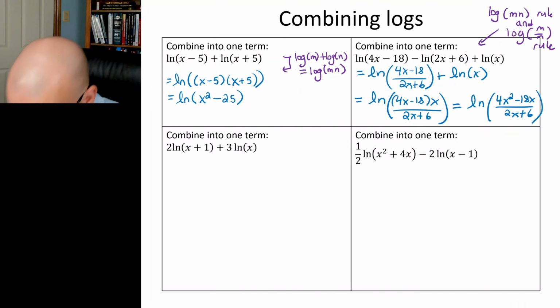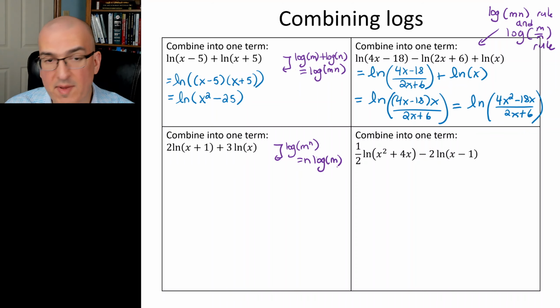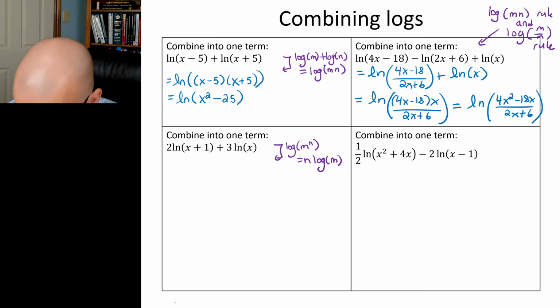But how are we supposed to get rid of them? Well, we're going to use the log of m to the power of n is the n times the log of m. Bring the power down, except we're going to use it in reverse. We're going to bring the power up. It's already down. We're going to do it backwards.